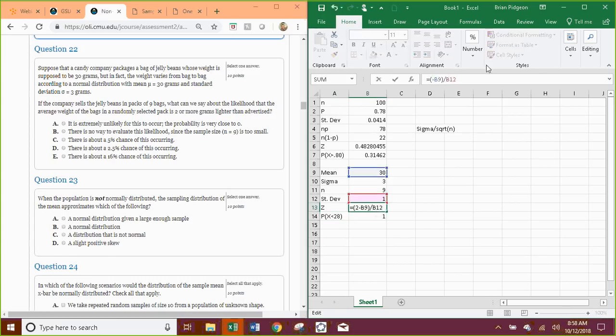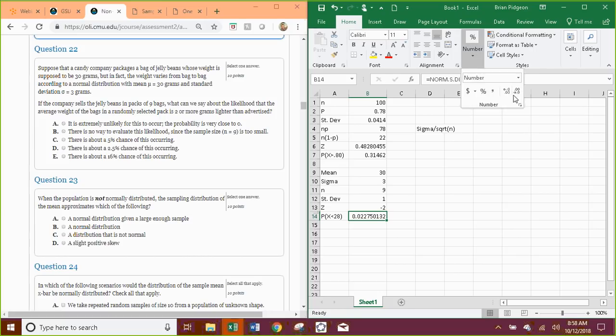So we go back to our z-score: 28 minus 30 over 1. It automatically calculated our z-score for us by just changing the number. Because we already have this whole thing typed in, it automatically calculated our probability, NORM.S.DIST. So, this is a 2.3% chance.